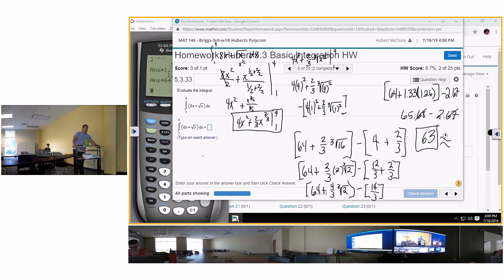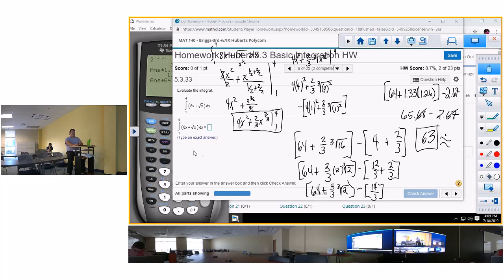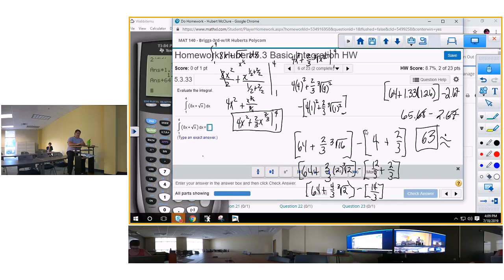They probably want the radical, which would be 64 plus or minus 2.67 would be minus 61.33, right? 61.33 plus 1.33 cube root of 2 or something like that. That's probably what they're going to have. But I'm going to put 63. I know it's wrong, but numerically it's not far off.